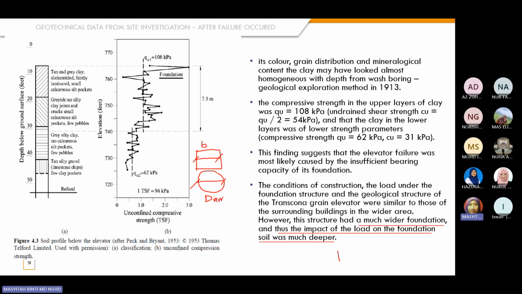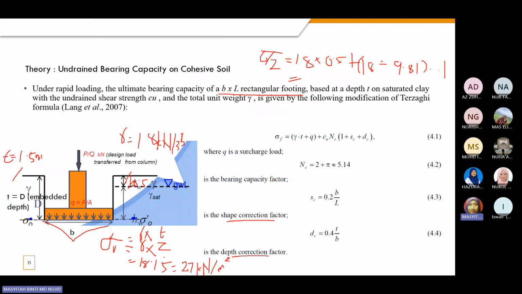So this diameter also can be considered as a B. So dia tak ada masalah lah, you can use the formula shape factor yang dah bagi dalam nota ni lah, iaitu 0.2 B bagi dengan L. Kalau kata circular diameter dia 10, 10 bagi L lah. Boleh tak? Okay doktor? Boleh. Itulah maksud saya. B lebar dia tu sama dengan diameter of the circle footing.